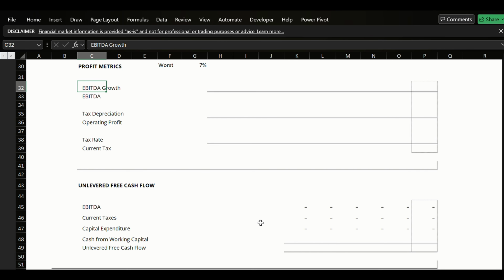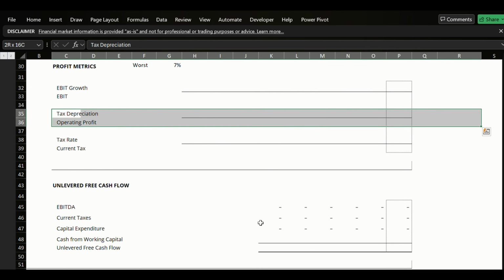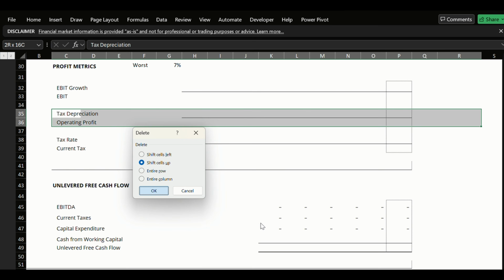I will just leave it like that. I'll just use the EBIT and, sorry, all this will not necessarily be needed. Control minus, shift cells up.